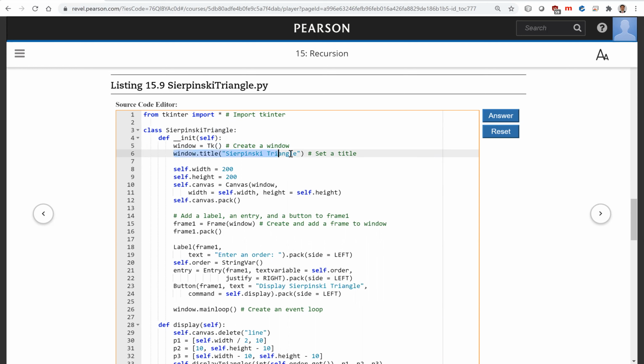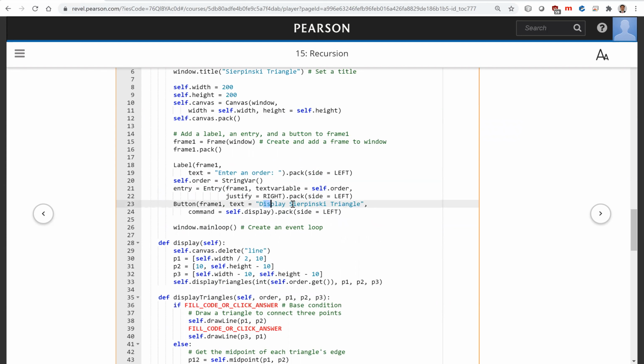The window sets a title, height, and width, and we create a canvas. Then we create a frame in the window, and here is the button to display the Sierpinski triangle.